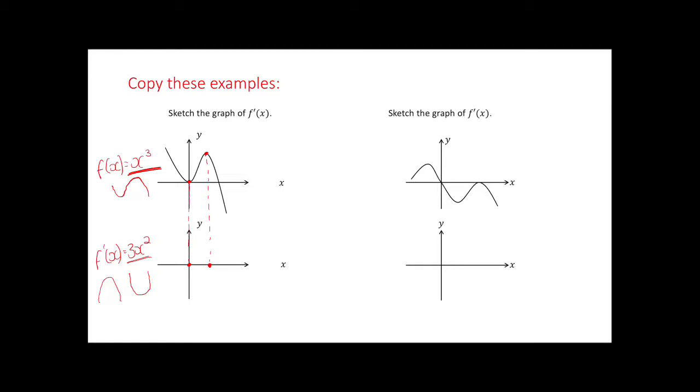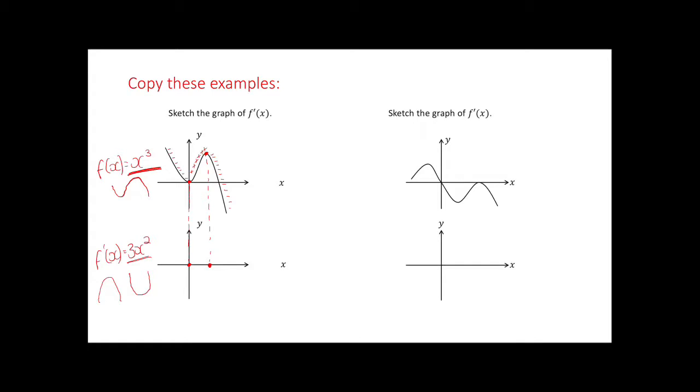From there, you need to consider the nature of your original graph. So right now, we have a negative gradient going up to our first turning point. Between our two turning points, we then have a positive gradient. After the second turning point, it goes back to having a negative gradient.